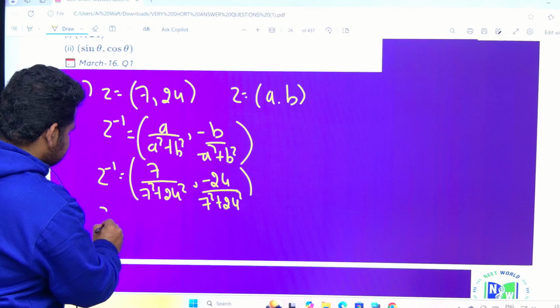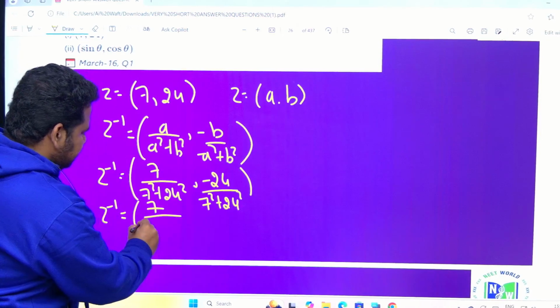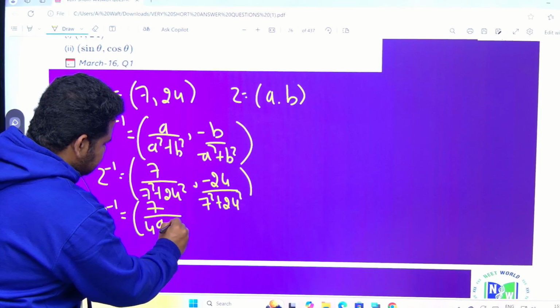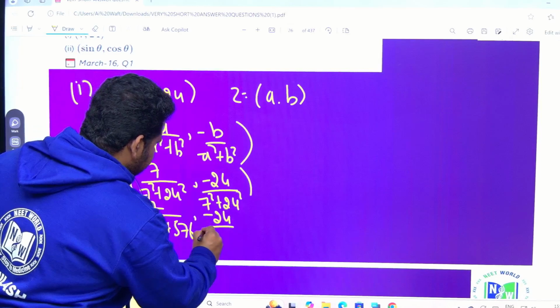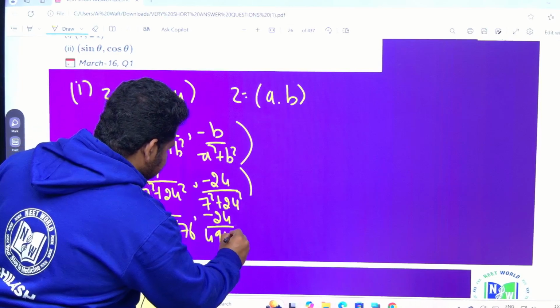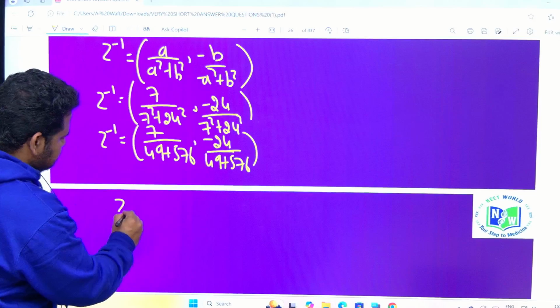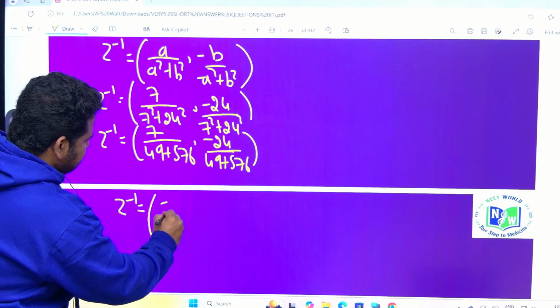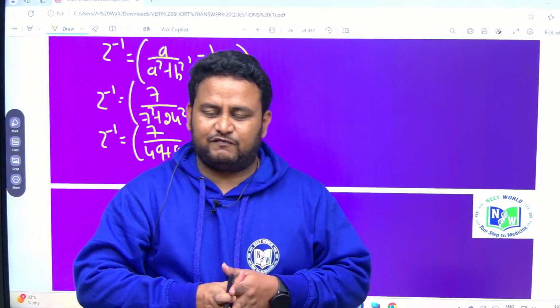So, this will become, friends, z inverse equal to 7 by 49 plus 576, comma minus 24 by 49 plus 576.